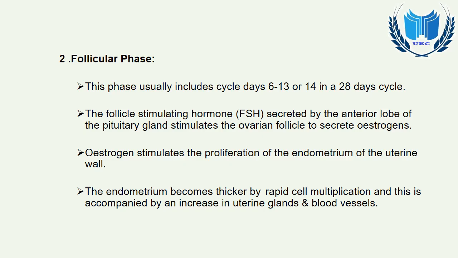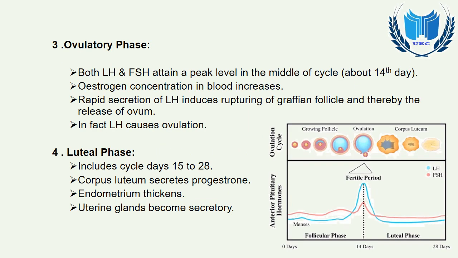The estrogen hormone stimulates the proliferation of the endometrium of the uterine wall. The endometrium becomes thicker by rapid cell multiplication, and this is accompanied by an increase in uterine glands and blood vessels.